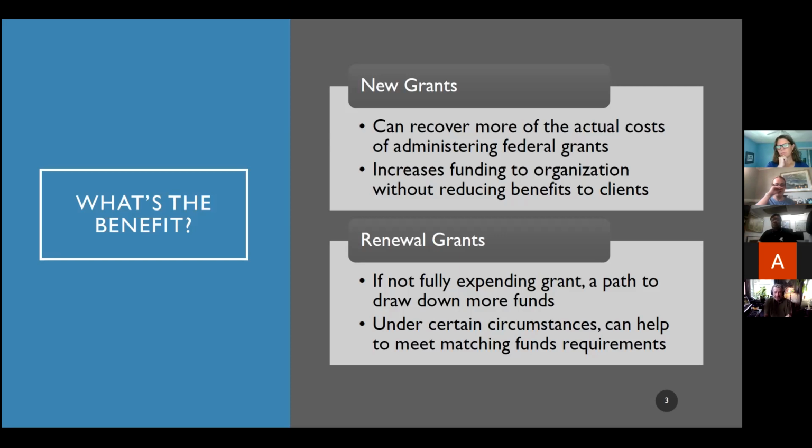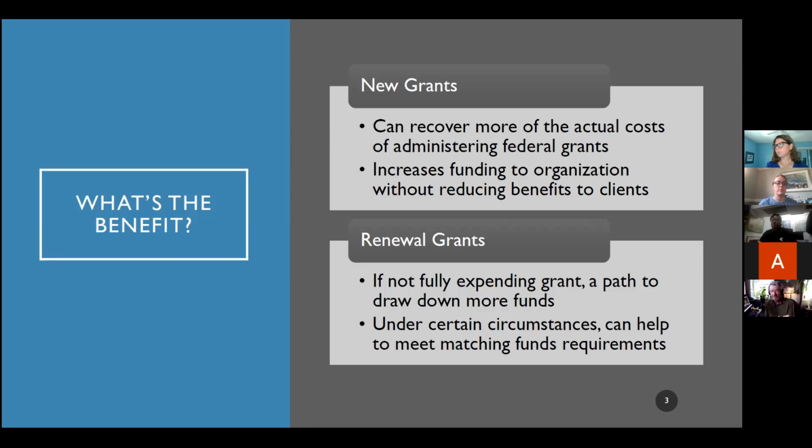To do it would mean that you couldn't draw down on your other budget lines. Therefore, the indirect costs that you are eligible to claim, but can't draw down because the funds aren't available, would be considered unclaimed indirect costs. And under the right circumstances, you could count that towards your match.